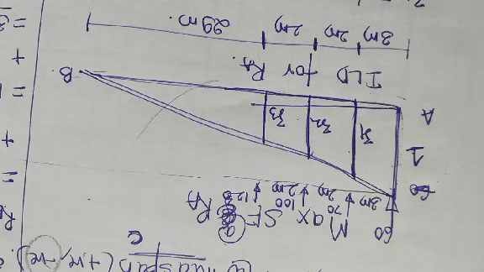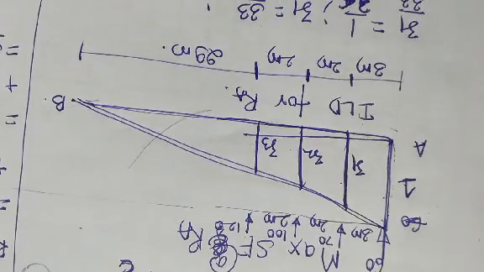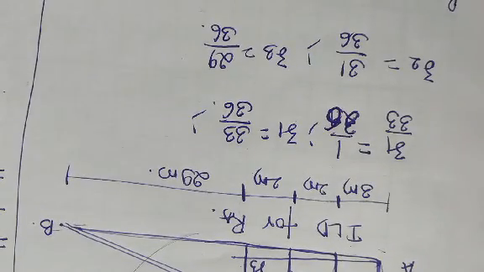Next Z2 will be 31 divided by 36 meters, and Z3 will be 29 divided by 36. These are the values for Z1, Z2 and Z3.